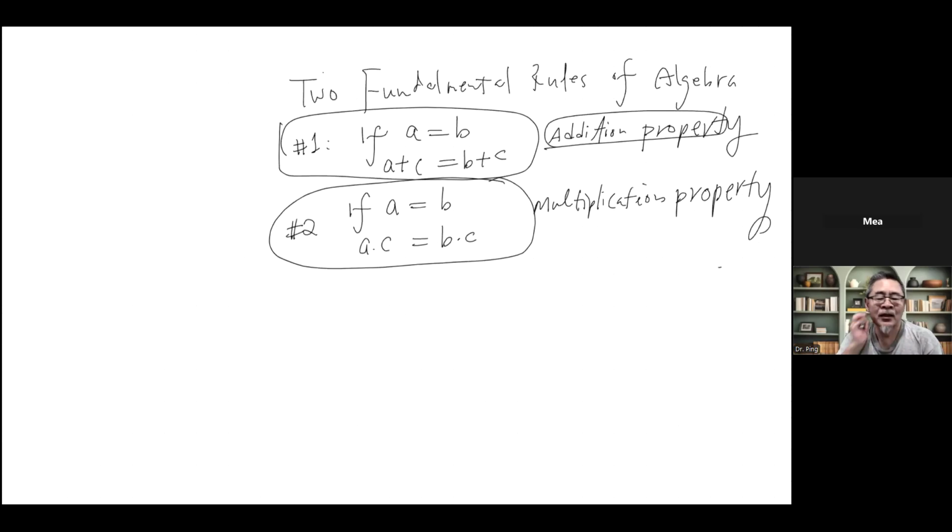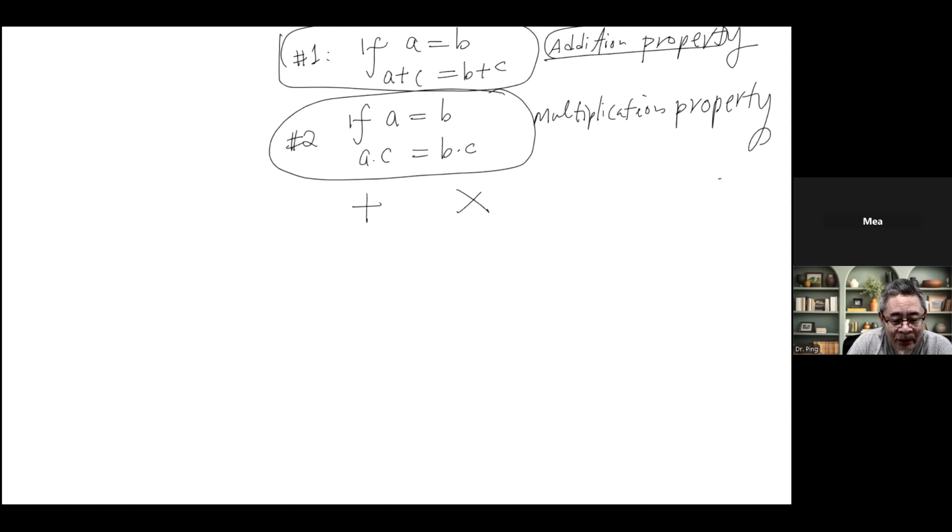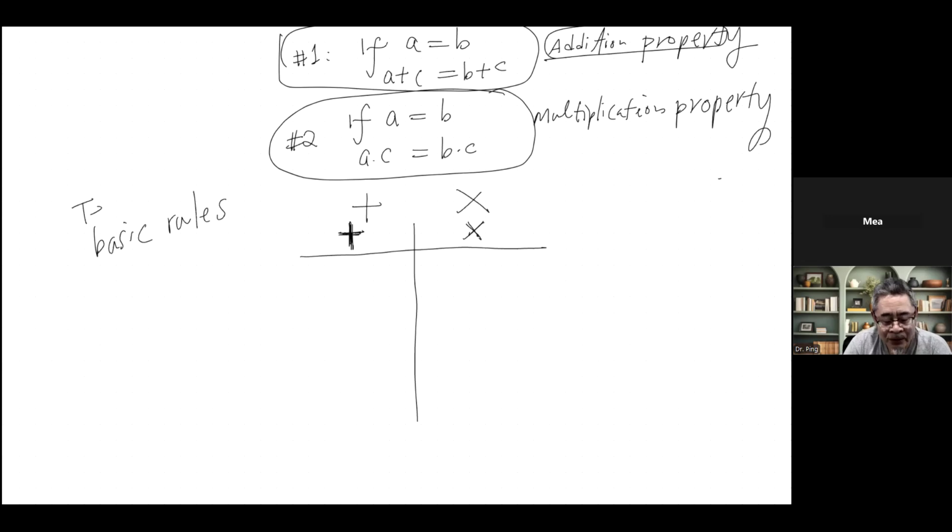We have to understand the properties of numbers, and also understand what is plus, what is multiplication. And so we have these rules. We put them together. So this is about add, that's about multiplication. This is our basic rules. So we talk about two fundamental rules. Now we're going to talk about 10 basic rules.